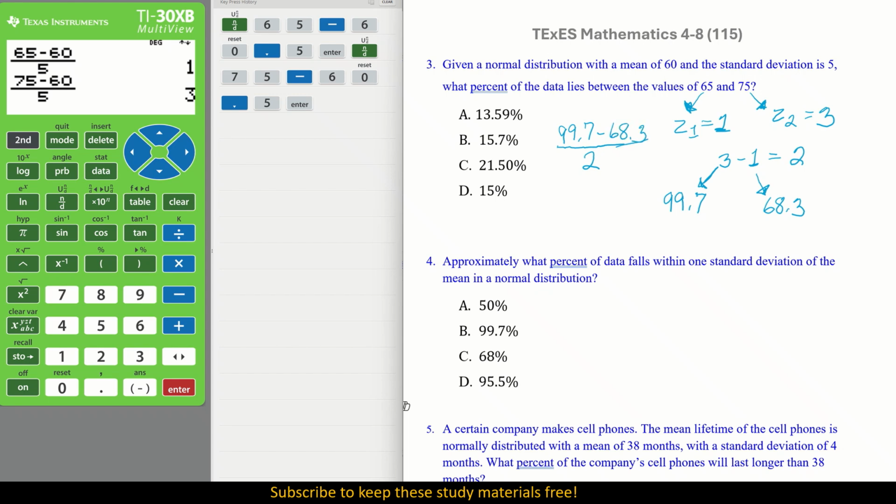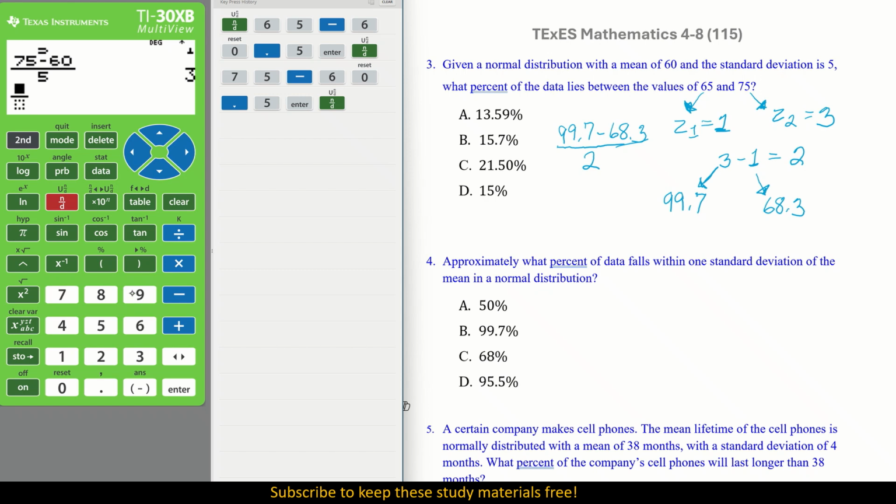So let's put that in the calculator and see what comes out. 99.7 minus 68.3, and let me go ahead and put 2 on the bottom, but let's talk about this numerator. I left it as decimals. You will see online where they don't.